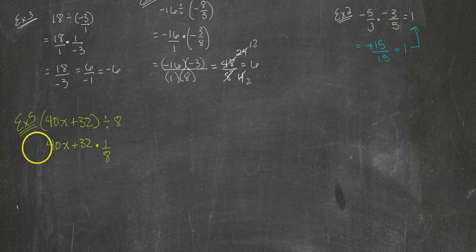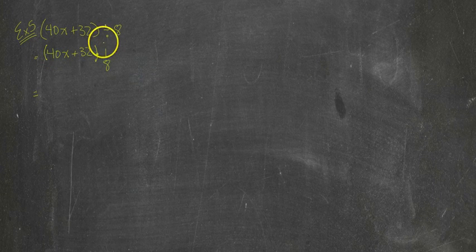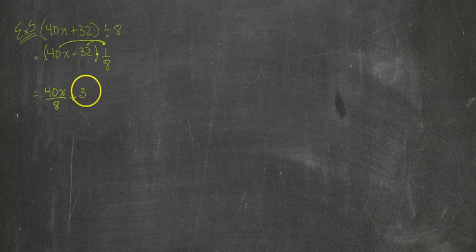I'm going to write the whole step out. This is distribution: 1/8 times 40x, which is 40x divided by 8, plus 1/8 times 32.